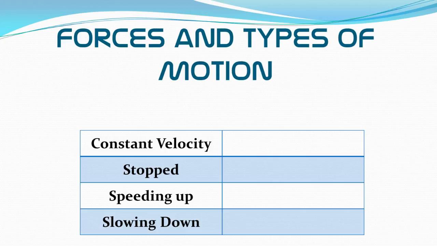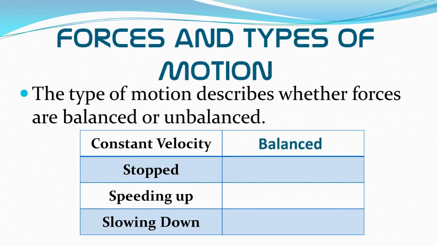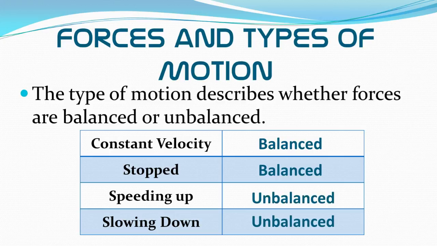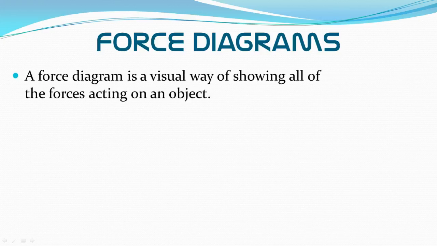Constant velocity is caused by balanced forces. If an object is stopped, its forces are balanced as well. If an object is speeding up or slowing down, we have unbalanced forces. That means one of the forces is pulling or pushing more than the other.